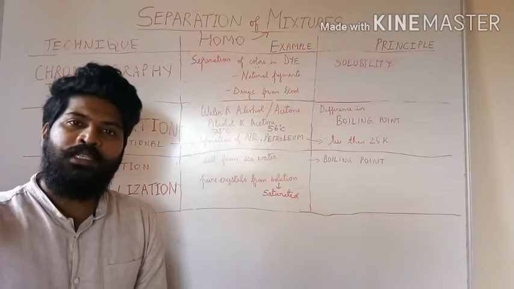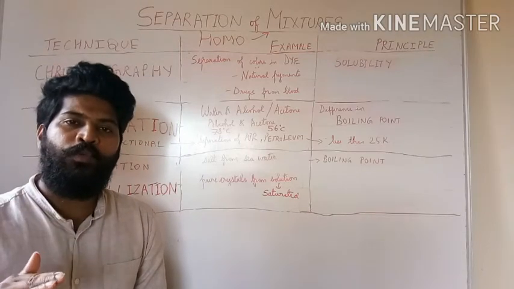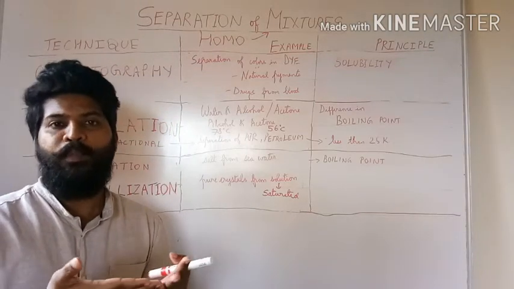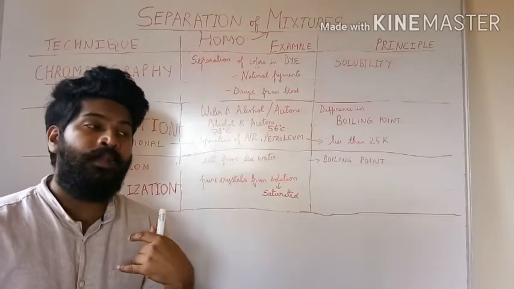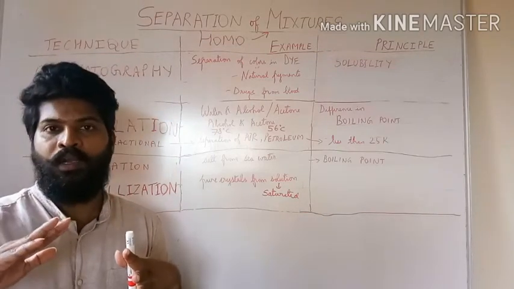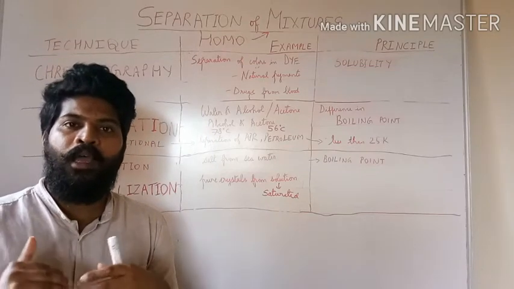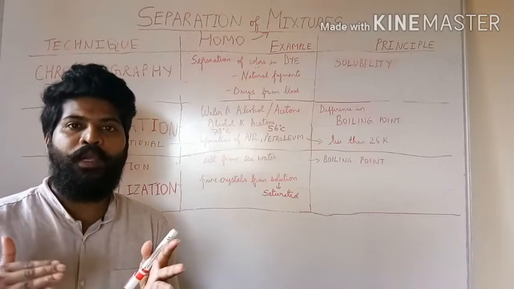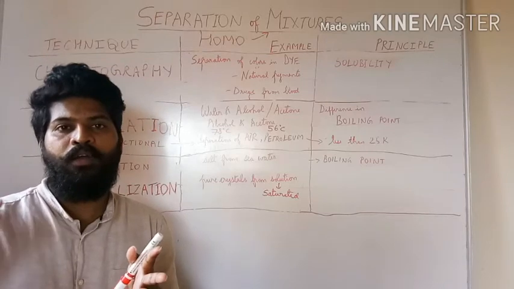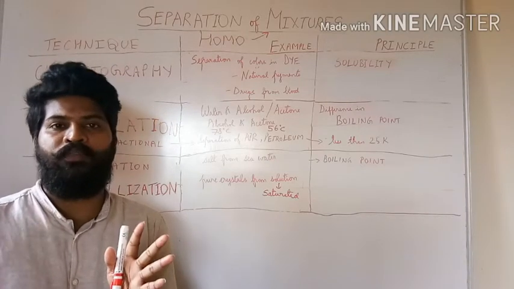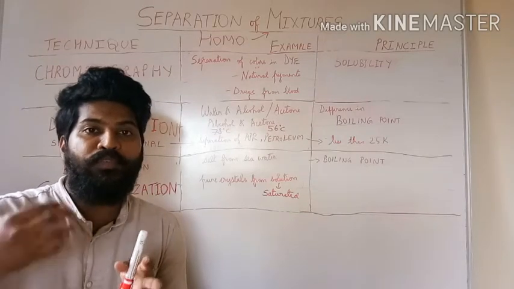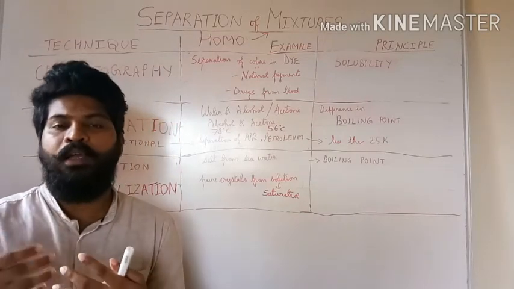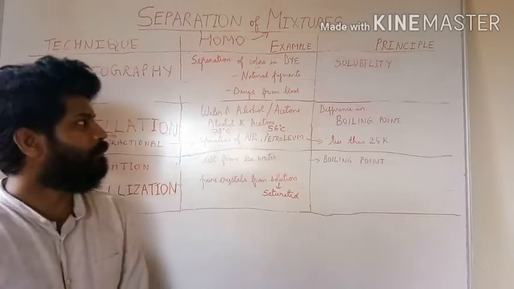There are advanced techniques also wherein we can use aluminium sheets for separating mixtures, and much more advanced ones called HPLC, FPLC, high performance liquid chromatography or fast protein liquid chromatography, wherein this technique can be used to separate different types of proteins present in blood or any other substance.